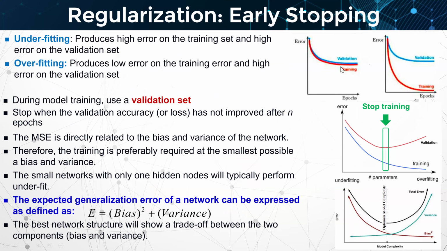In underfitting, both the validation and training errors are high, which means the network is not capable of predicting the results very well. In overfitting, we have a very high degree of training, which means the validation error is high while the training error is low.